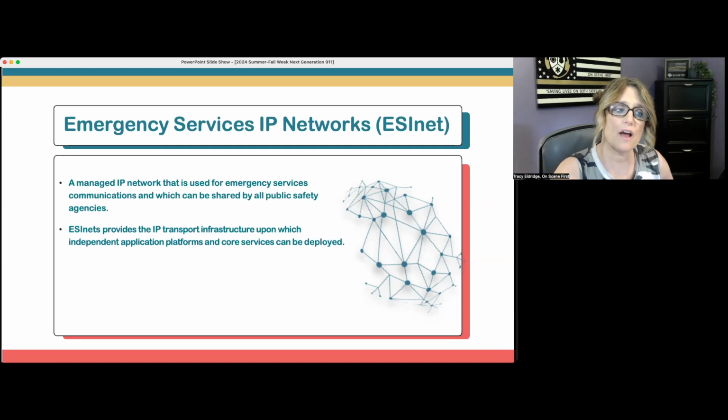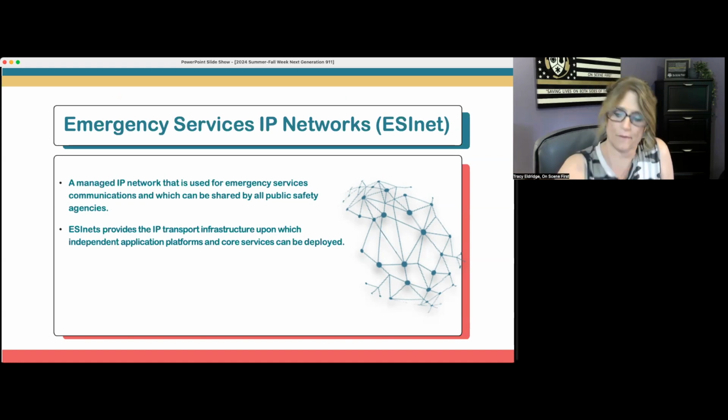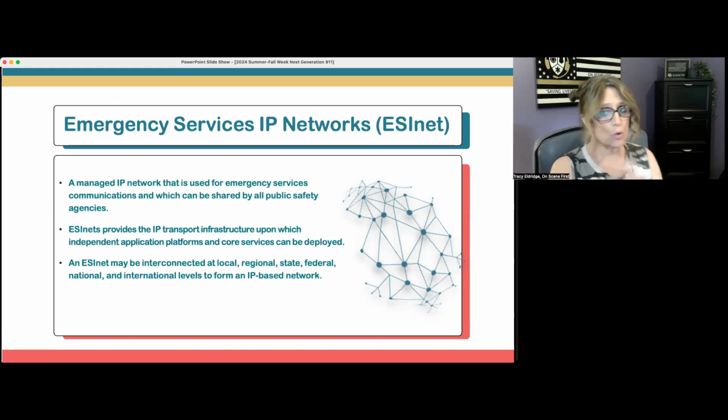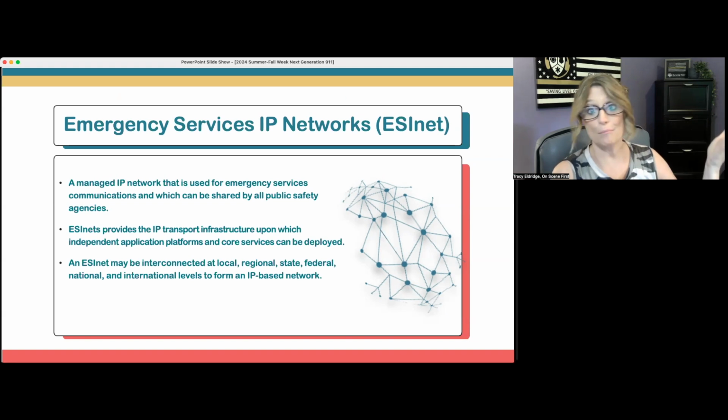ESInets provide the IP transport infrastructure upon which independent application platforms and core services can be deployed. So, core services are, hold on, I forgot I have a bullet on that. An ESInet may be interconnected at the local, regional, state, federal, national, and international levels at some point, right?